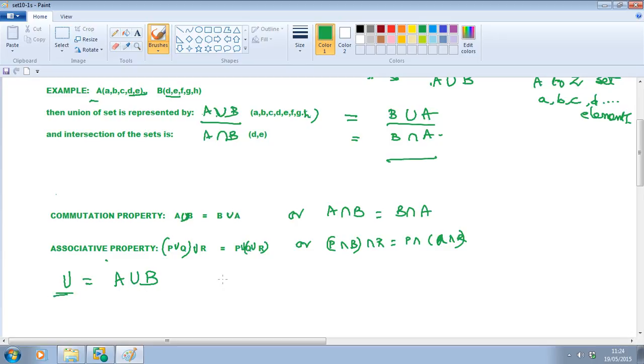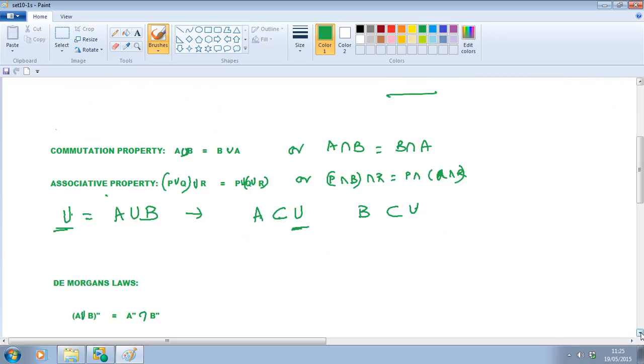What we can infer from this is A is a subset of U. This is the universal set. A is contained in this. And also B is a subset of U. Subset means it's a portion of the master set. This U is the universal set.